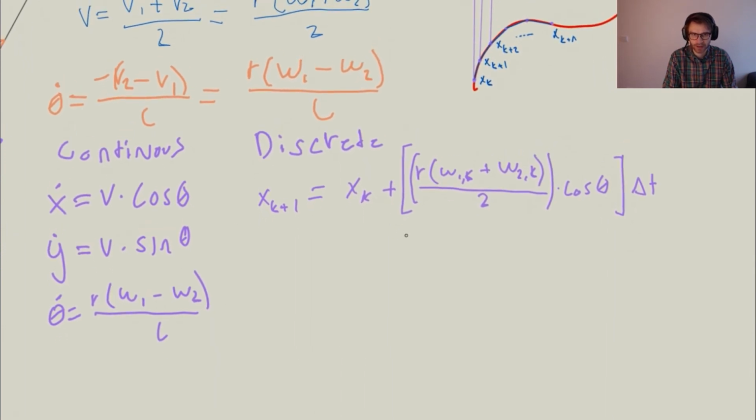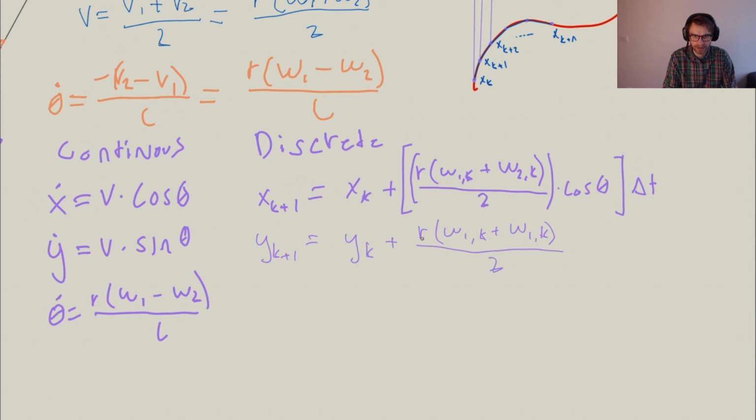I'm not going to write it all down, well, I could recap on the y coordinate, why not? So yk plus 1, the next step. We take the current yk position, we have the radius of the wheel, and then the angular speed of wheel 1 at the current time step that we are right now.